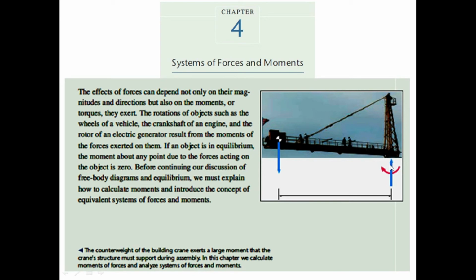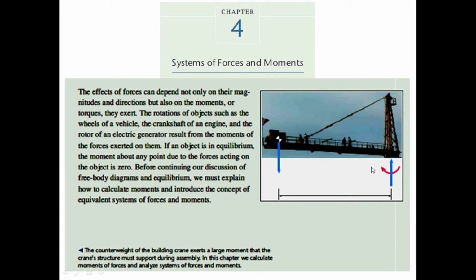These two forces must cancel out each other's effects. Now you apply sigma Fy: this Fy will be negative and this Fy will be positive, so plus 500 minus 500, and your system is in equilibrium.